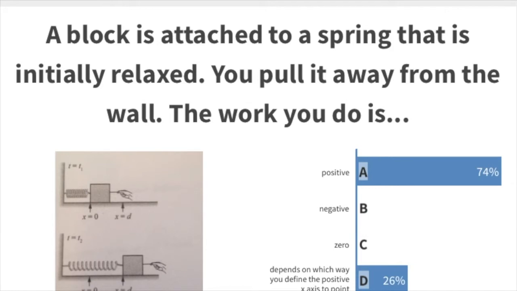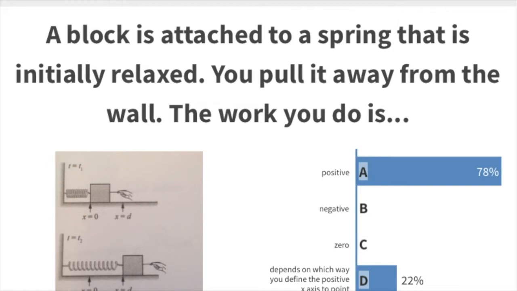Now, if we remind ourselves of the definition of work that we've been using, work is equal to the force, however you want to arrange it, times cosine theta times the displacement. If we think of theta as the angle between them, this is going to work even if you want to do it mathematically.